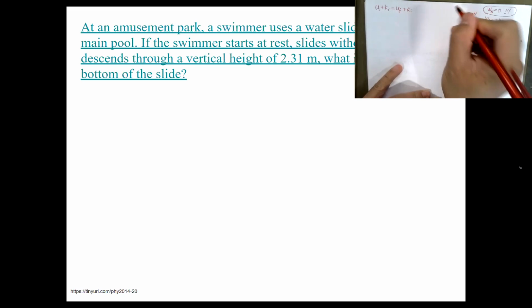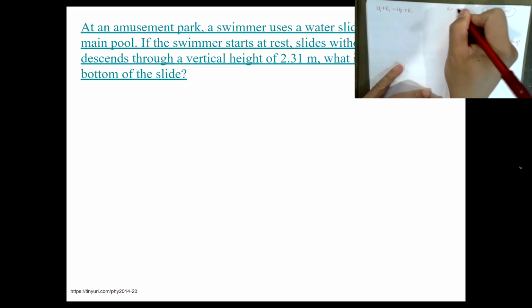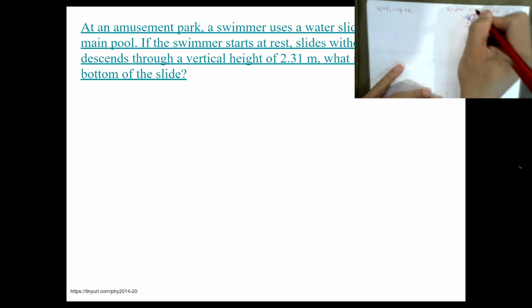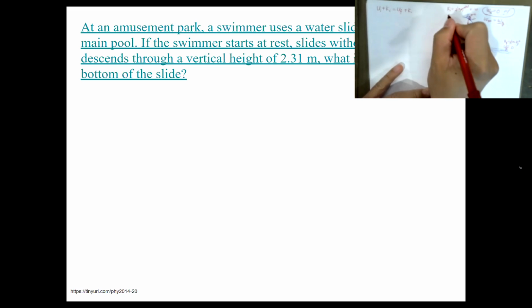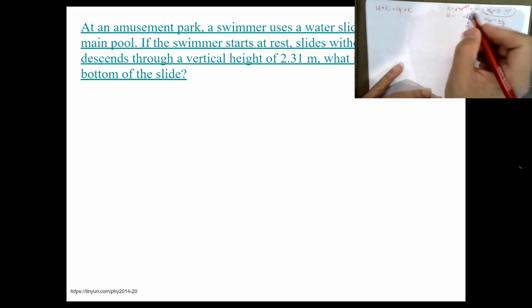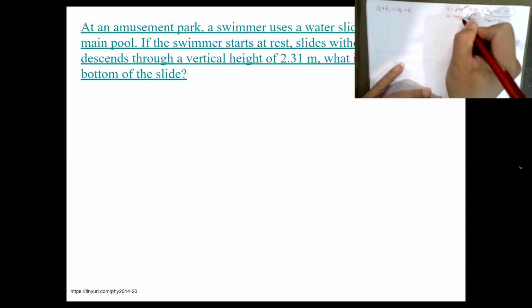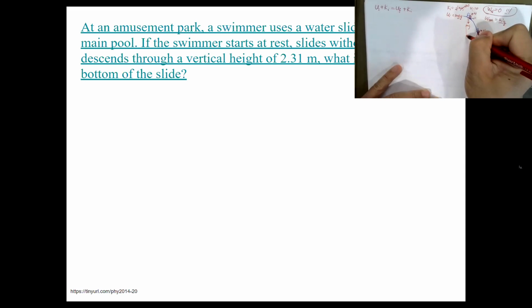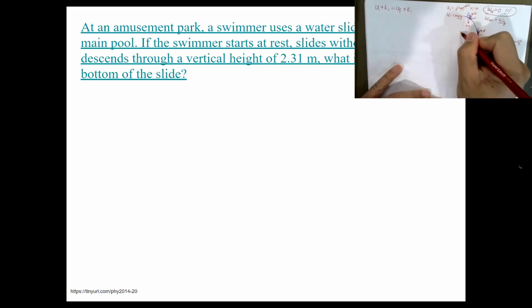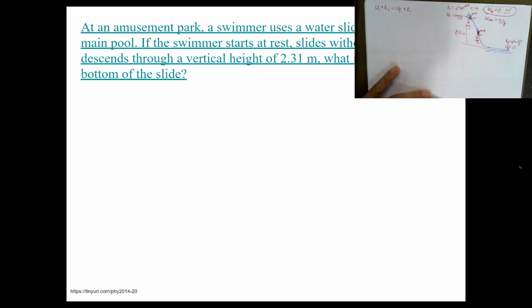Initially, the kinetic energy is 1/2 m v initial squared, and initially she is at rest, so K i is equal to zero. Now U i should be equal to m g y. It says she slides down a vertical height of 2.31, so that's y initial. Y initial is 2.31 meters.